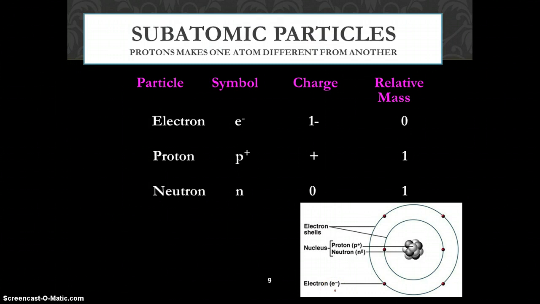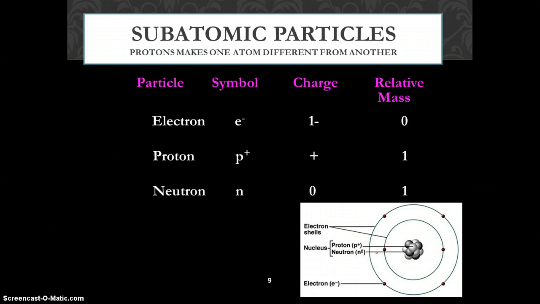Again, the subatomic particles: an electron has a negative charge, and we write electrons with the letter e with a negative sign. Protons, p with a positive sign, have a positive charge, and neutrons, with a small n, have a neutral charge. Remember, an electron has a -1 charge. So a neutral atom has an equal number of electrons and protons.